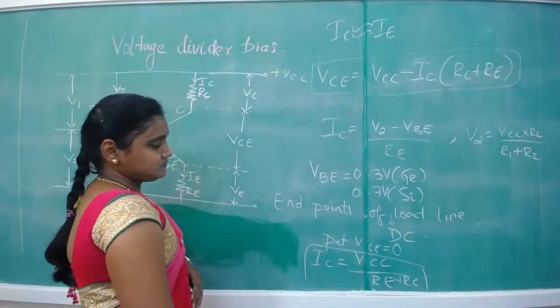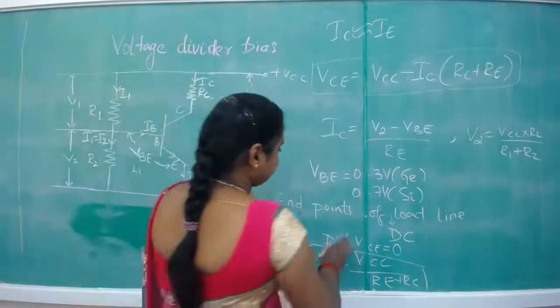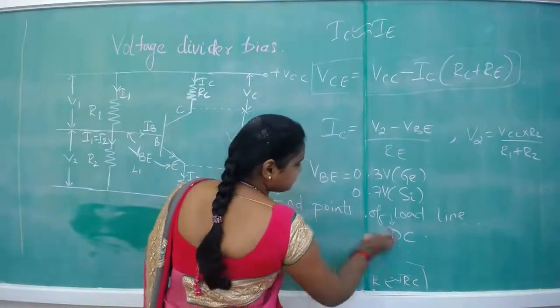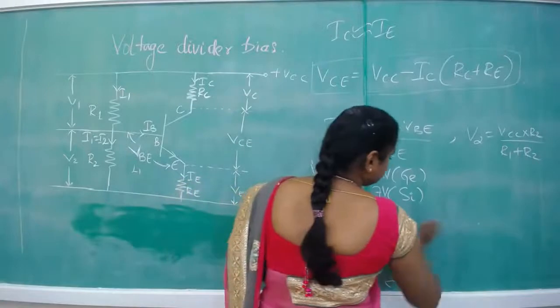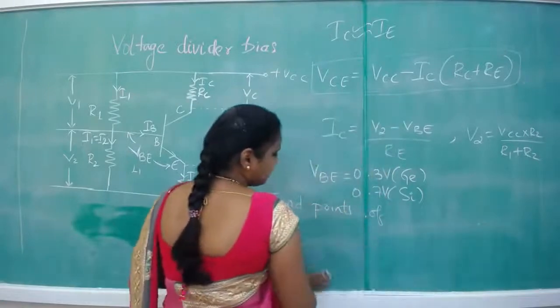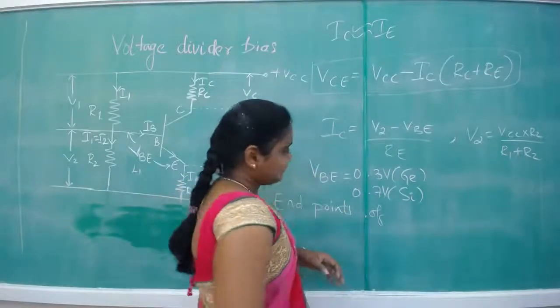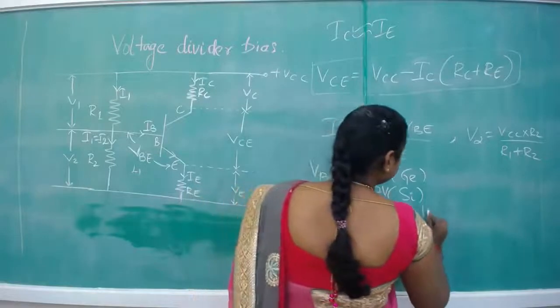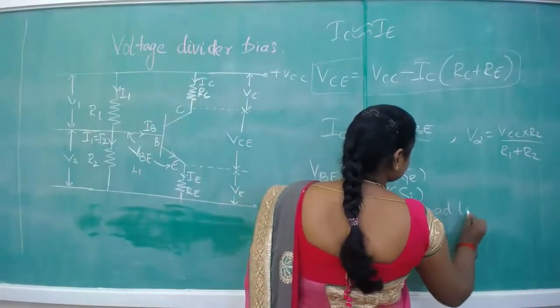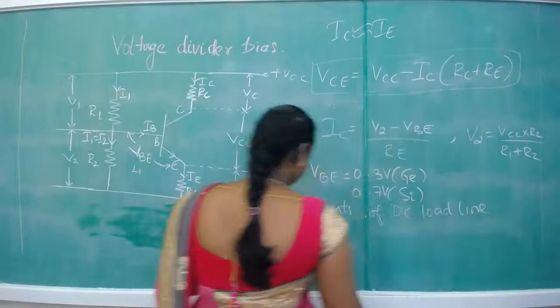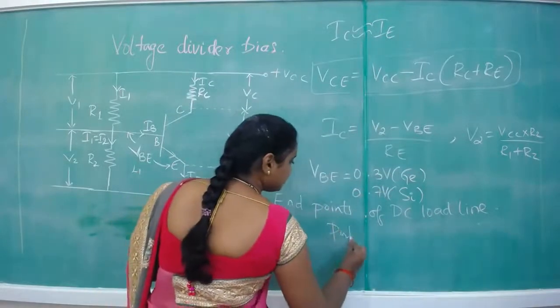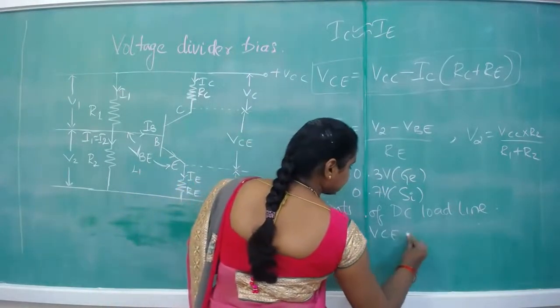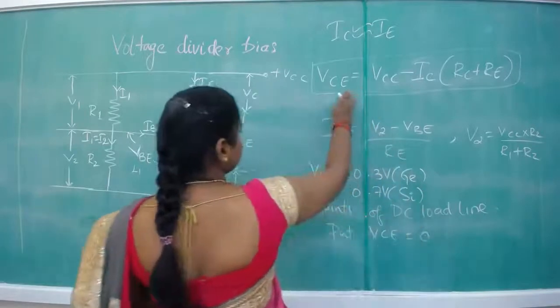Okay. I will write it again. End points of the DC load line. Okay, so what we do? Put VCE equal to 0 in this expression.